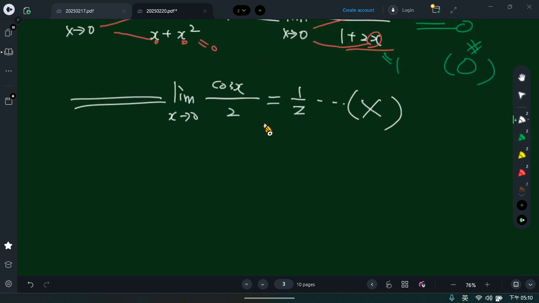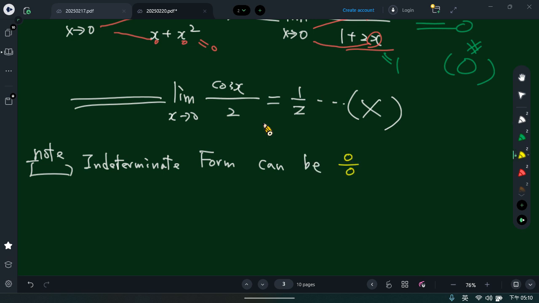So normally the indeterminate forms can be like what we just encountered, 0 over 0, or infinity over infinity, or infinity times 0, or infinity minus infinity.